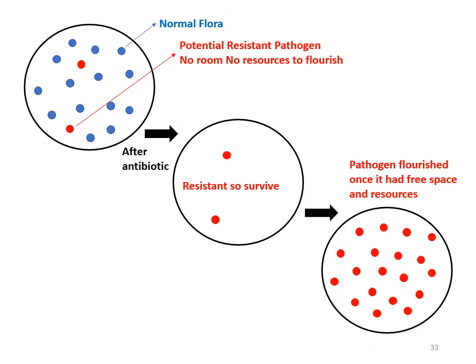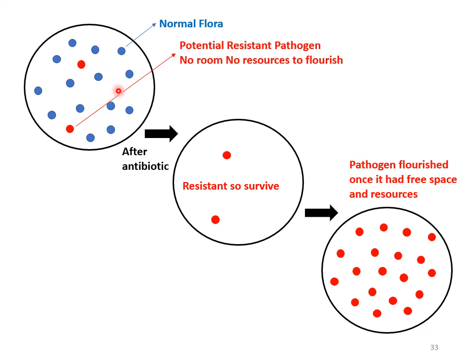Make sure to pause at some point and draw this diagram in your notes so that you have the take-home message of antibiotic resistance, which is that in your body normally, you'll have a whole bunch of normal flora, which we represent here in blue, and scattered throughout there'll be some resistant potential pathogens, but right now they can't do much because the normal flora is all over the place, taking up space, taking up resources.